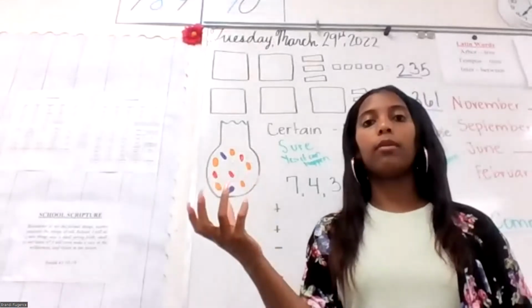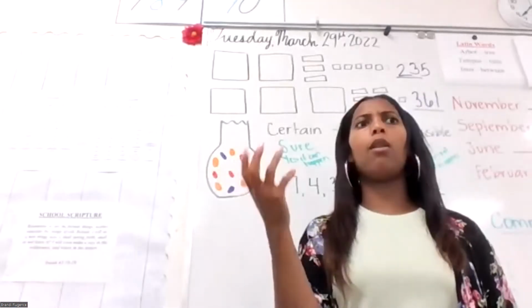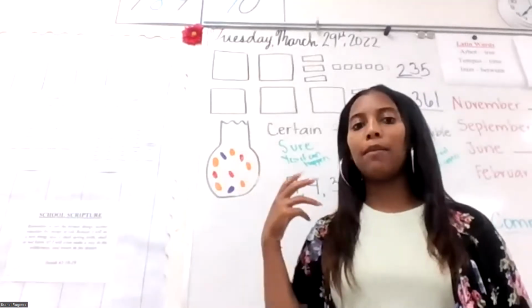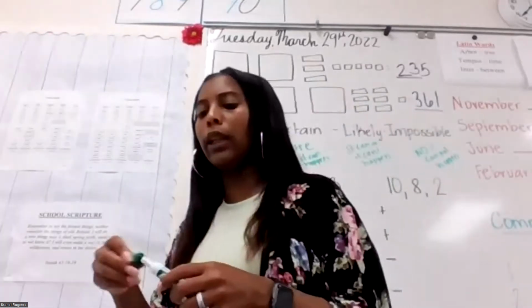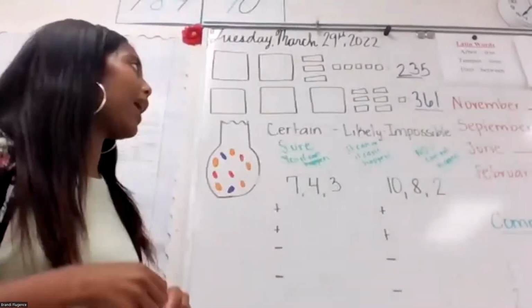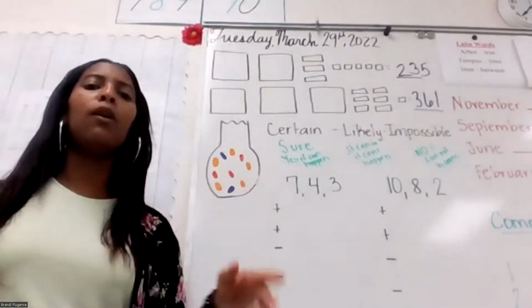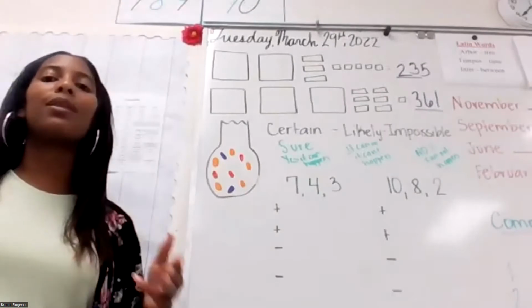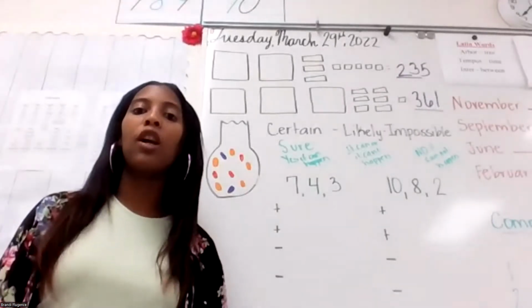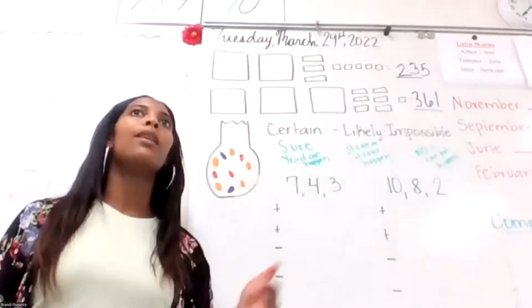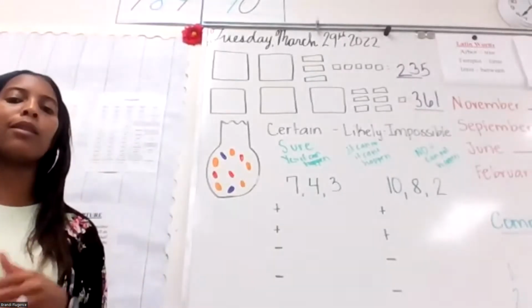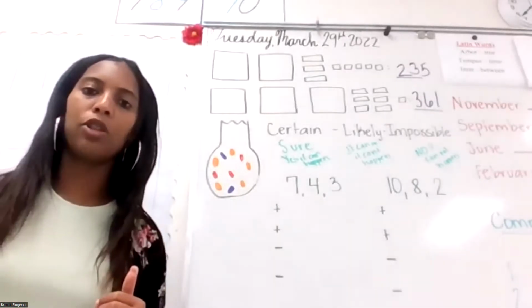Orange or red or purple. Right. I am certain because those are the only colors that are inside of my bag. But being that orange has the most, I am certain I'll pull out an orange because orange has more than the rest.